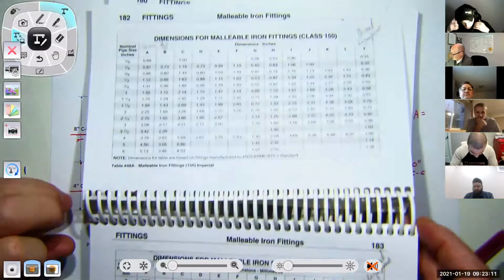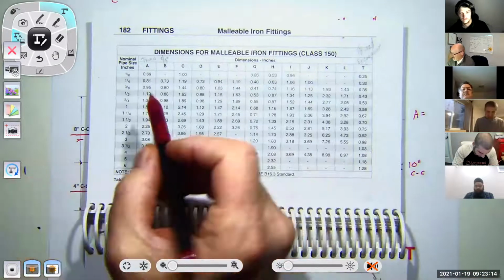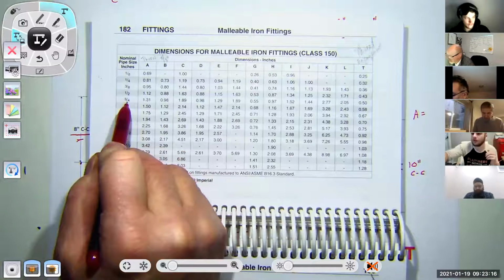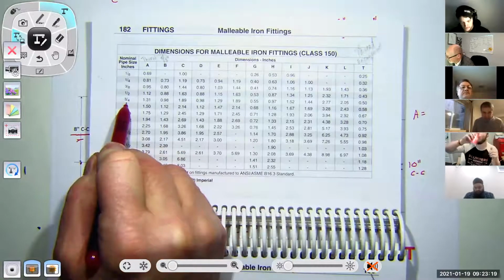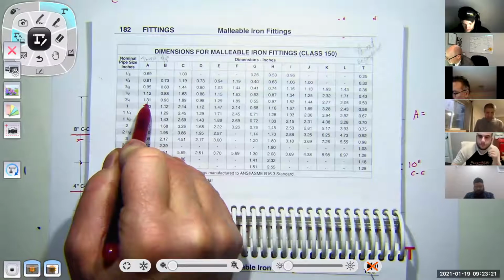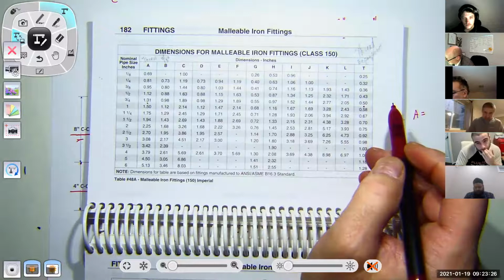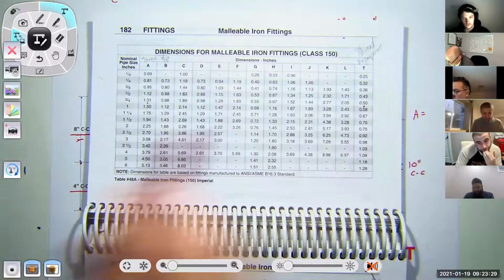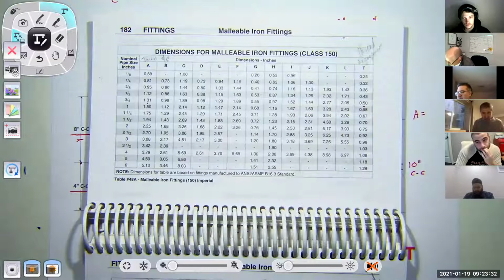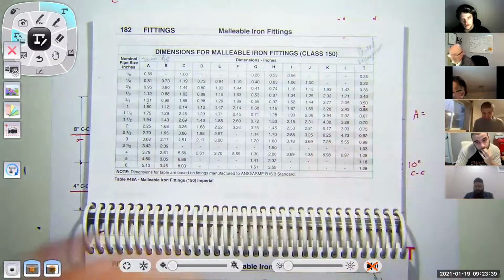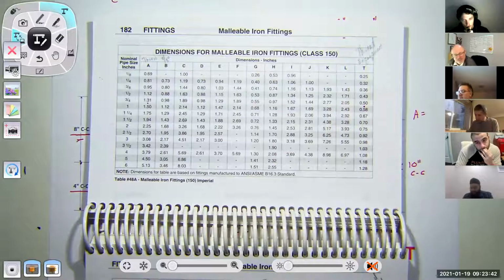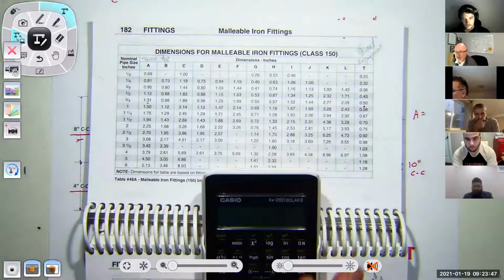If I had a 3/4 inch 90, I would take A minus T. So for a 3/4 inch 90, that's going to be 1.31 minus off 0.5. And the fitting allowance for a 3/4 inch 90 is 0.81, is what I got on my calculator.